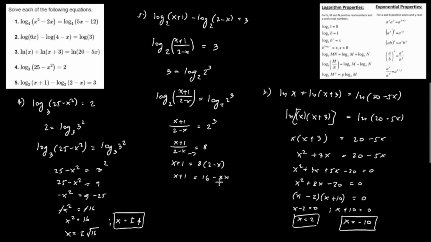And transpose negative 8x to the left side and positive 1 to the right side, or x plus 8x, and 16 minus 1. And this is 9x, and this is 16 minus 1 is 15. And divide by 9, and cancel out 9. x is equal to 15 over 9, which is divisible by 3, so 15 over 3 is 5, and 9 over 3 is 3. Therefore, the value of x is 5 over 3 in problem number 5. And this is the answer.